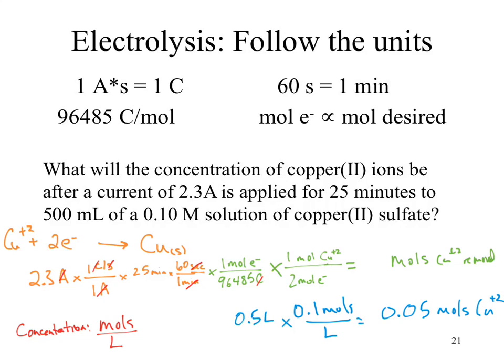Based on our electrolysis, we know how many moles of copper ion were removed from the solution. Anybody happen to calculate that yet? How do I figure out the concentration after electrolysis?